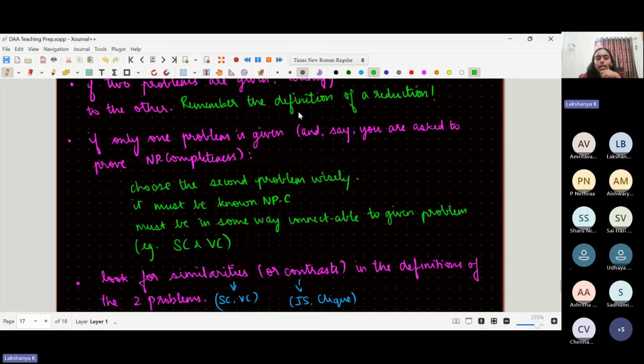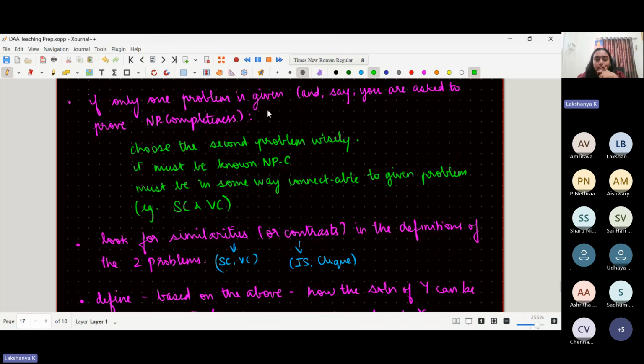That is one thing. If one problem is given and you are asked to prove NP completeness, again, choose the second problem wisely. It should be a known NP complete problem and it should be in some way connectable to the given problem. For example, if you are asked to prove that vertex cover is NP complete, the first thing you'll do is prove it is verifiable in polynomial time.